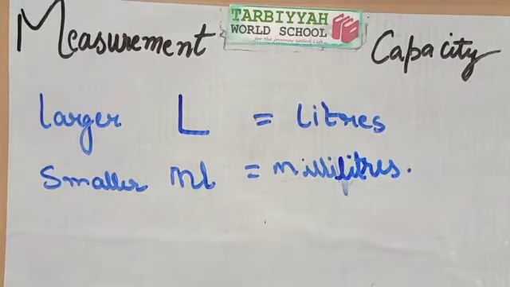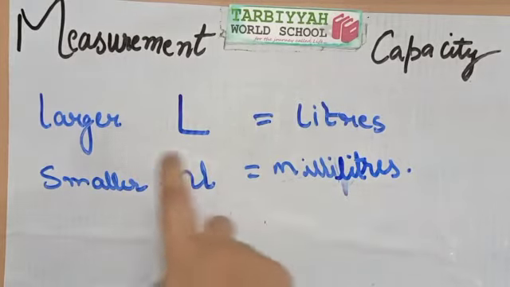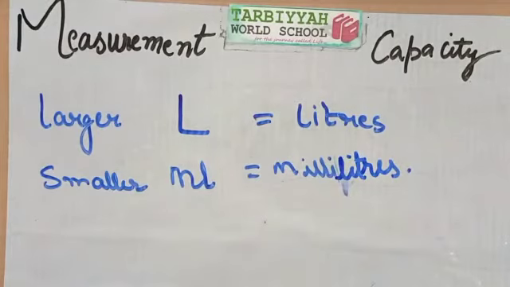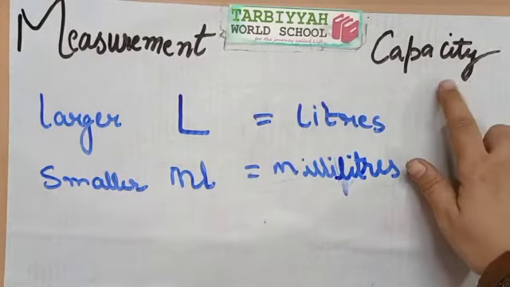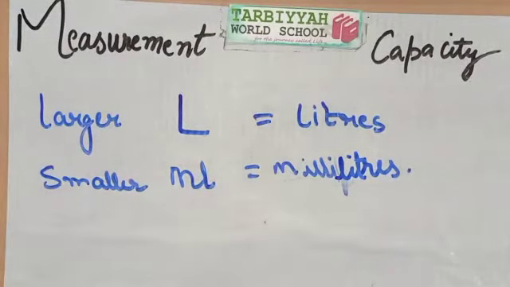For smaller quantities we use milliliter, and for larger quantity we use liters. And we measure the capacity for measuring the quantity of liquid.